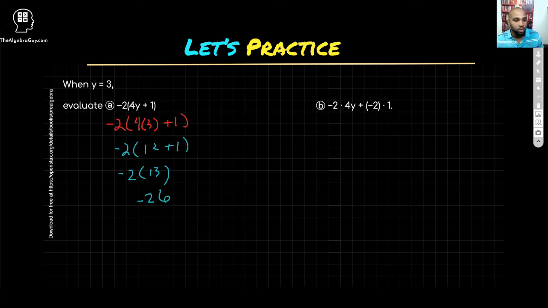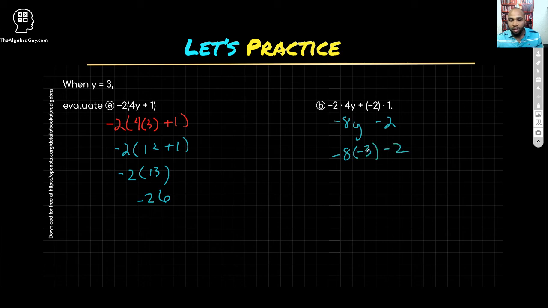If we would have distributed, we would have gotten negative 2 times 4y, which is negative 8y, plus negative 2 times 1, which is negative 2. I want to erase this plus sign since we got a negative there. So we will replace that y with a 3.